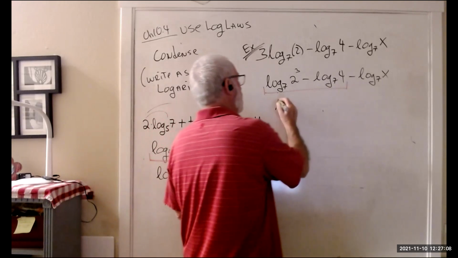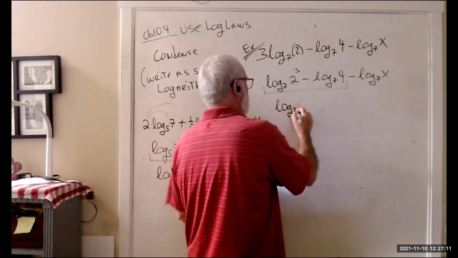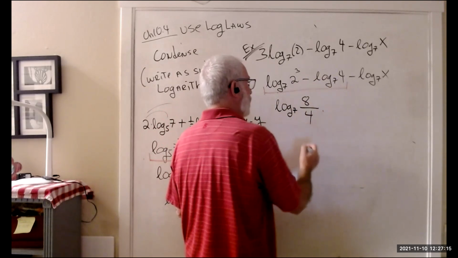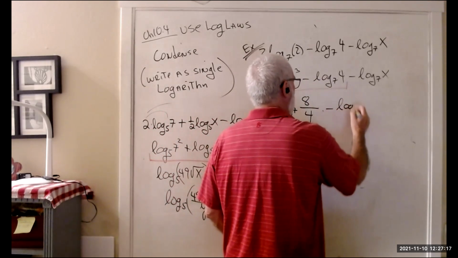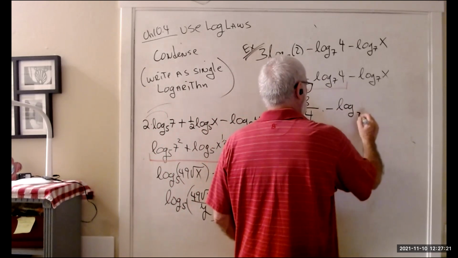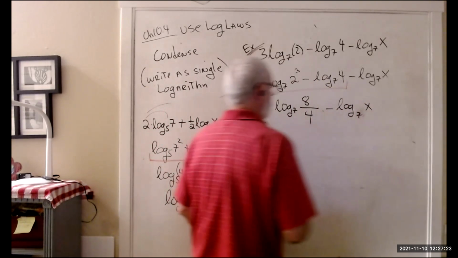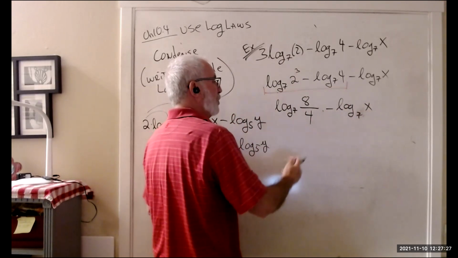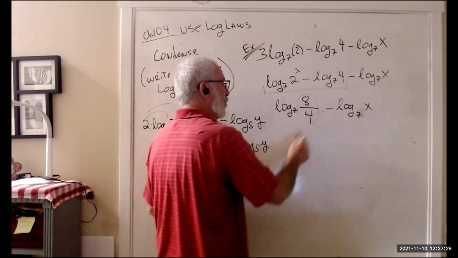This is going to be log base 7 of 8 over 4 minus log base 7 of x. Now, 2 to the 3rd is 8. Now, suppose you didn't know that 8 and 4 reduce.